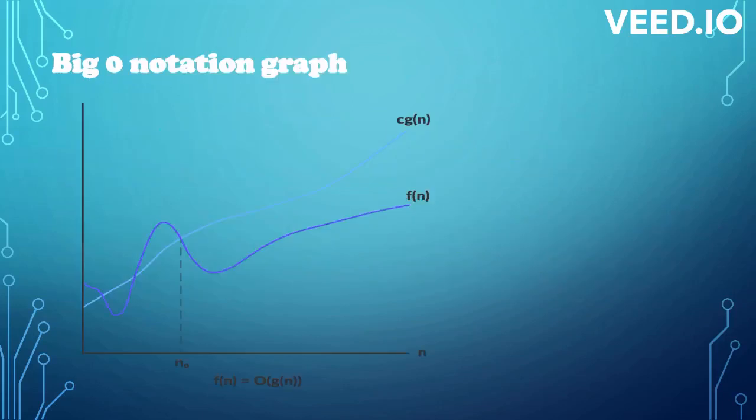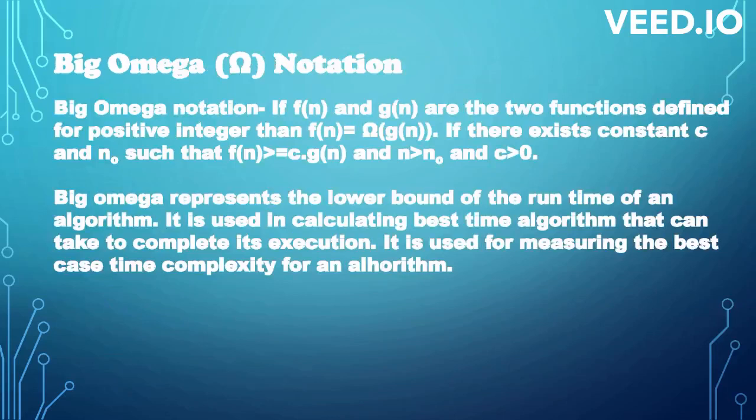Now let's see the graph. So here, see c g of n and f of n, the upper bound of f of n is considered as the upper bound. So it determines the worst case time taken to complete the execution. Big omega notation is where it takes the best time complexity for an algorithm, that is it executes the expression very fast, that is the runtime performance of an algorithm is completed very fast, that is the best time of an algorithm.